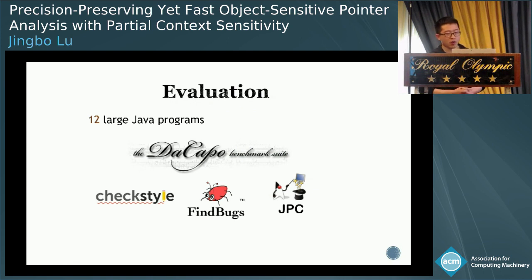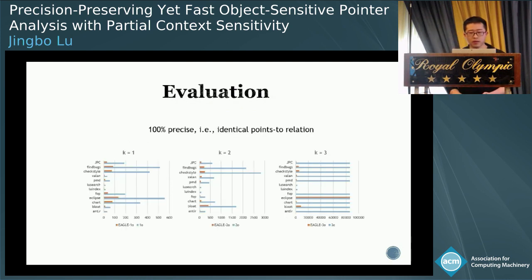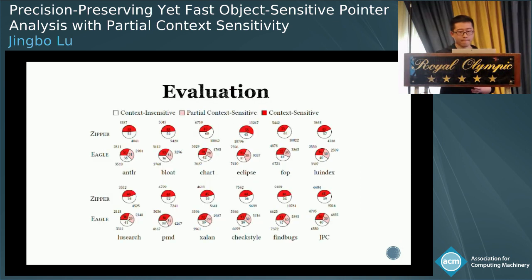To evaluate our approach, we use 12 large popular Java programs. And the result shows that the points-to relation is identical to the original, and the time consumption is only a fraction of the original. This is our selection result. The context sensitivity distribution in terms of methods compared with the prior art.